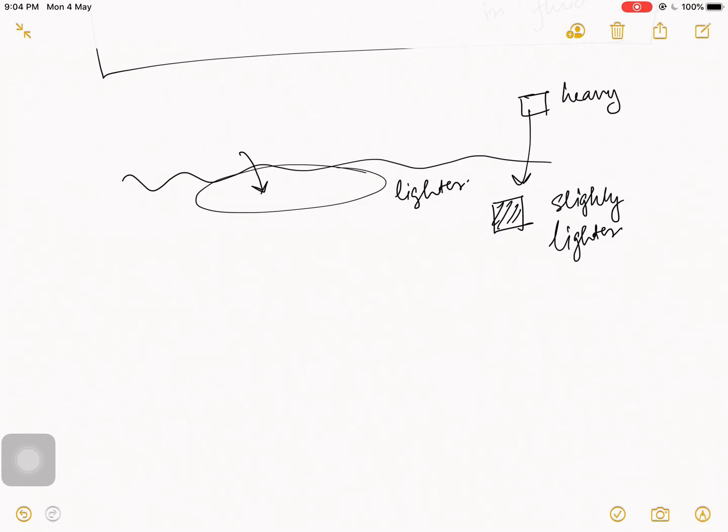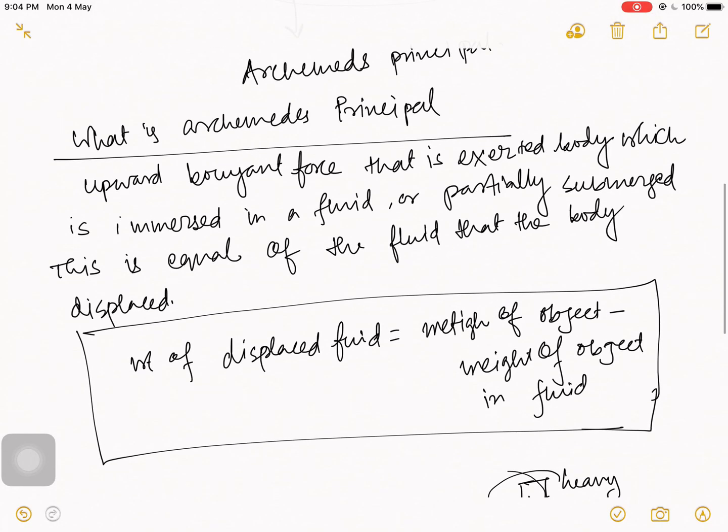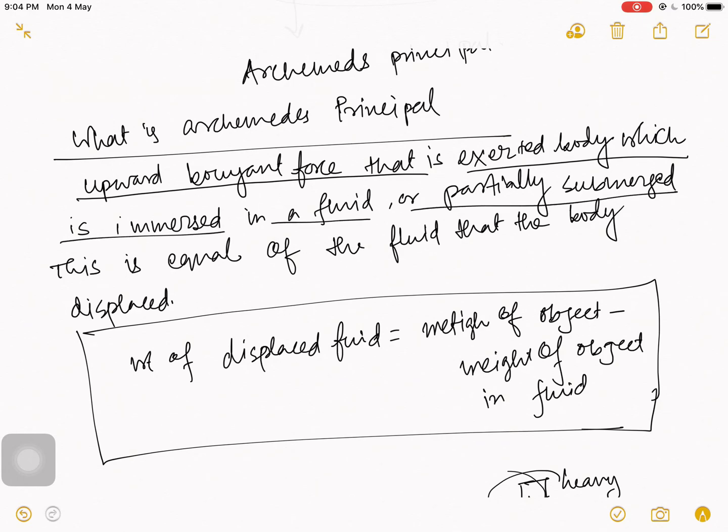Because when this particle comes into the water, it displaces some amount of water upward. That is why the upward buoyant force is exerted on a body immersed or partially submerged in a fluid, equal to the fluid that the body displaced.